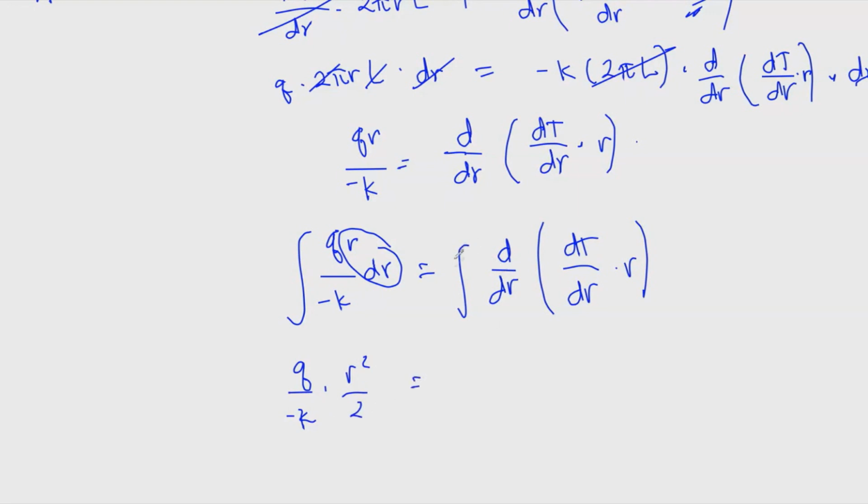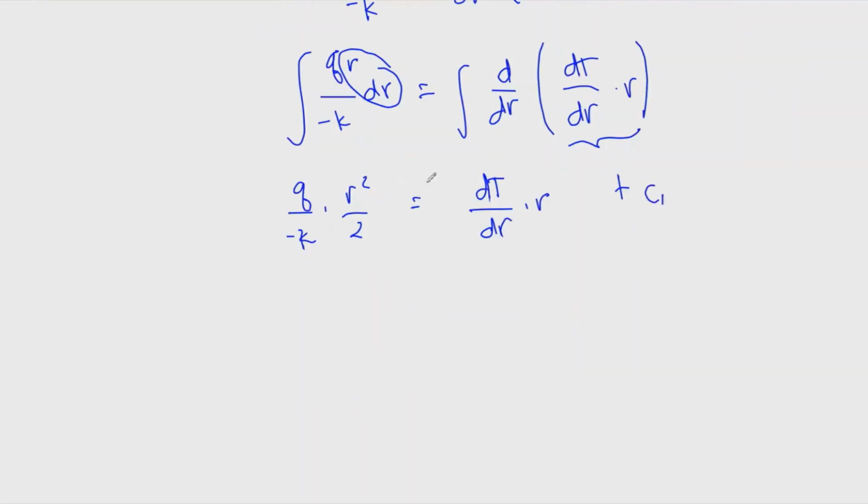That is equal to, since this is the antiderivative and this is the derivative, what is left inside this component. So we have d over dr times r, and of course, since we use a differential equation here, we need to add a constant of integration.